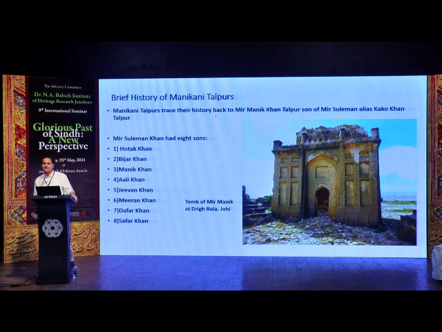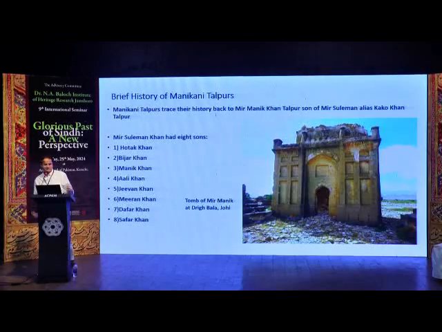Why am I reading these names? It is important to know that the descendants of Mir Suleiman ruled all over Sindh, and I'll come to this point later on. So he had 8 sons: Hotak, Bijar, Manik, Ali, Jeevan, Miran, Dafar and Safar.